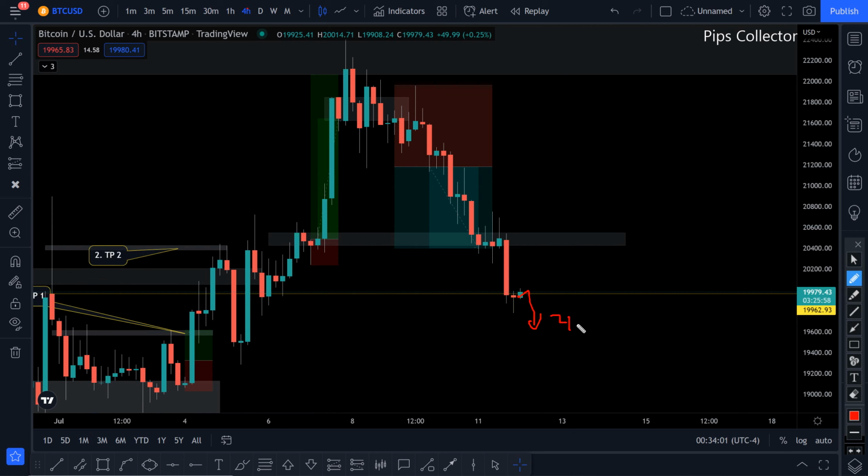Scenario 1B is for price to give me some deep retracement. While scenario 2 is for price to take out this guy who started the sales in order to go in the opposite direction. So this is what I'm looking at on Bitcoin today.